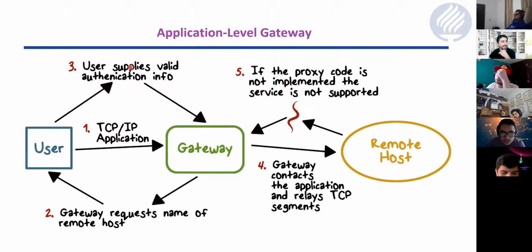Then the user provides the valid application information for the gateway. The gateway contacts the application and relays TCP segments, monitoring all this information at the application level in order to decide whether the packet should be passed through or dropped.